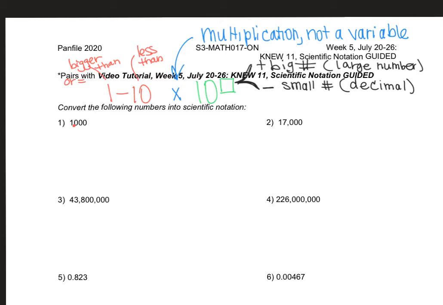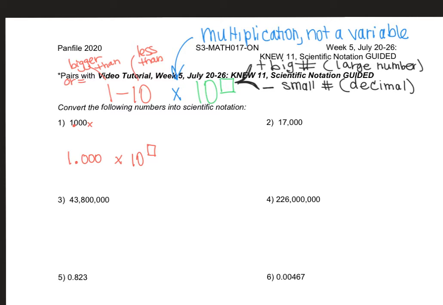Originally, if the number is 1,000, I started with my decimal right there. So my number now is 1.000 because that's what I have, and I have times 10 to this little box.